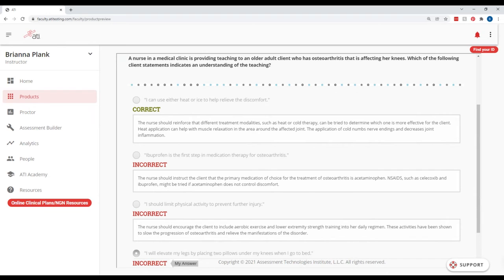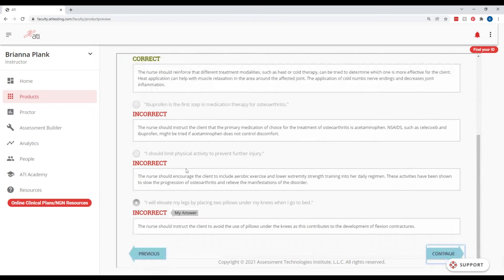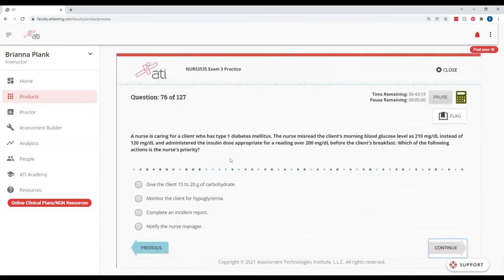And so either one or both might be better at different times. So they can use both. We're going to use Tylenol. We want them to have physical activity to keep that joint mobile. Okay, we don't want them to put pillows under their knees because they can develop flexion contractures. That's why it's not D.